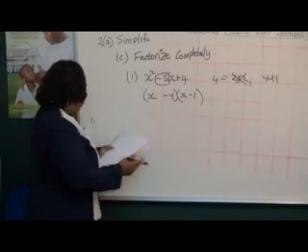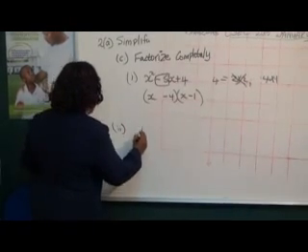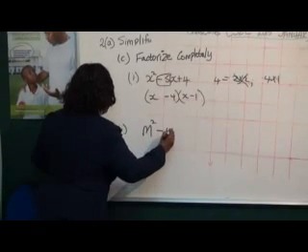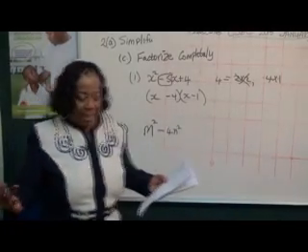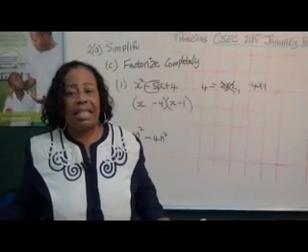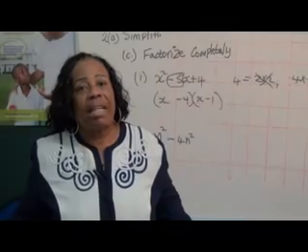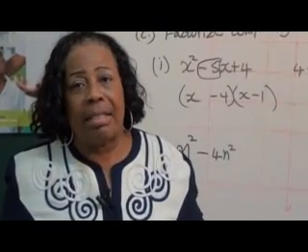Now, the second part that they asked them to factorize completely was m squared minus 4n squared. And again, you fit it and say, which one is this? And you're saying it's squared and it's 2 terms and there's a minus, so it has to be the factorization that goes with difference of squares. Isn't that true?